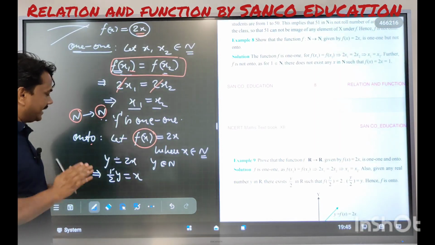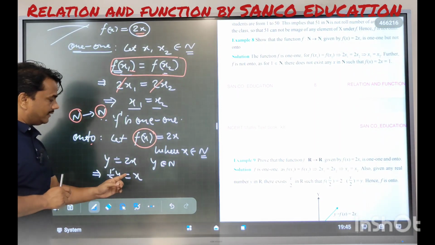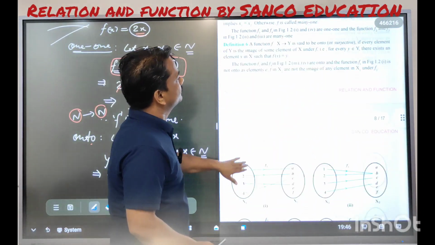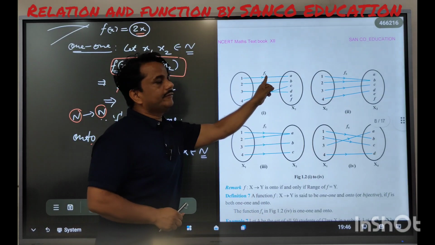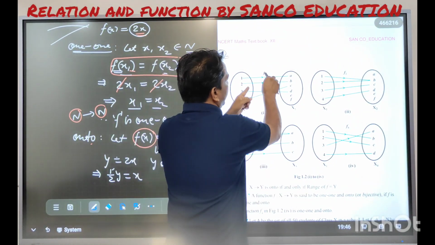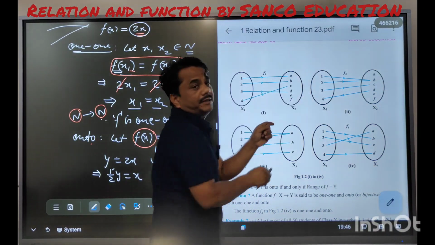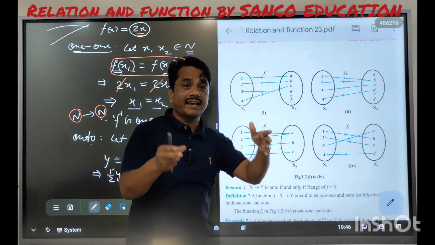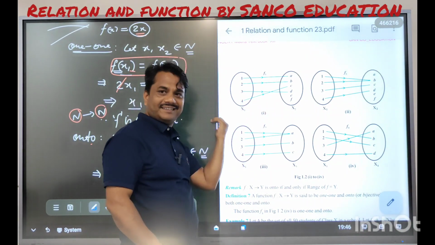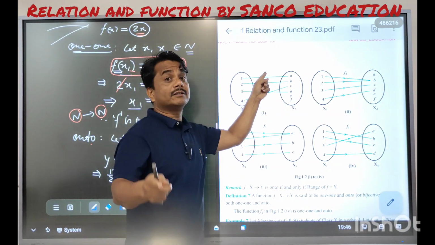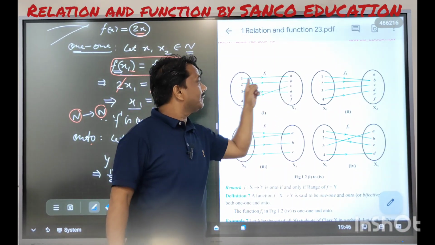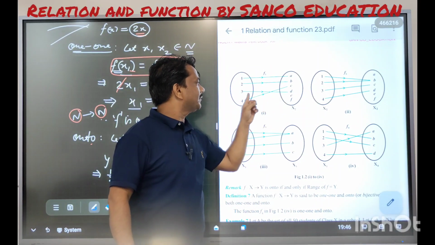So we can say that, from A to B, look at that. Under f we go from 1 to A. Listen here. Under f, 1 goes to A, which means under function f, 1 gives the image A. Under the inverse function, from B to A, under f inverse, A gives you 1, B gives you 2, C gives you 4.